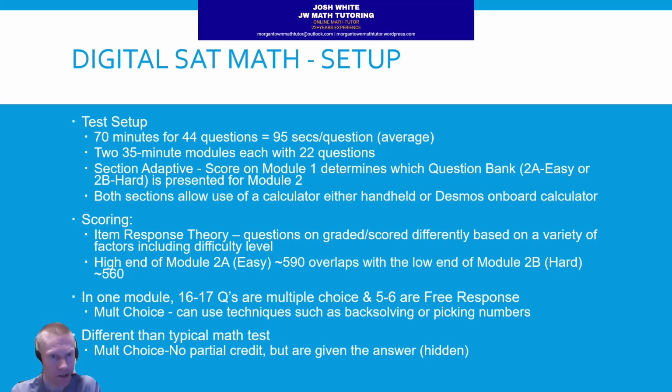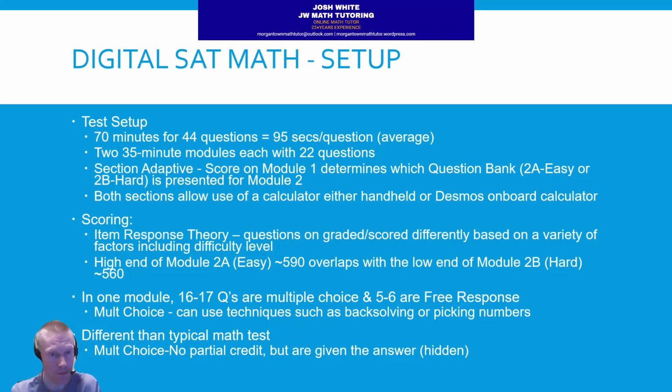Now, the digital SAT is section adaptive. What that means is your performance or score on module 1 will determine which bank of questions you get for the second module. Basically, there are two options: either an easy module, which I call 2A, or a hard module, which I refer to as 2B. So if you do well on the first module, then you get the hard module. If you do, you could say, not well or poorly on the first module, then you get the easier of the two second modules.